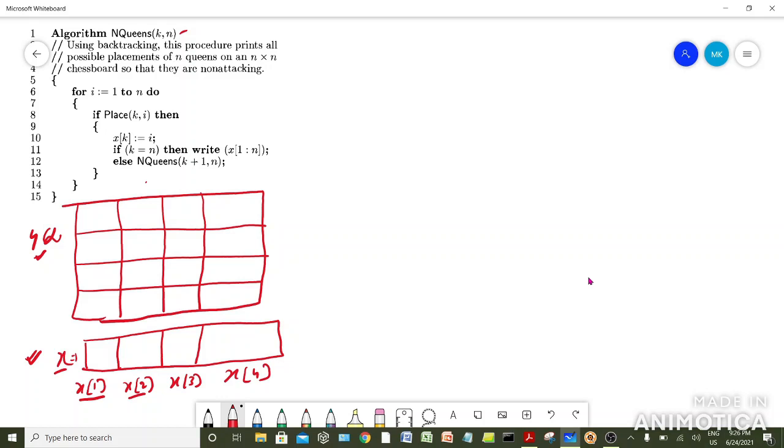We know that the queen number is the same as its row number. So x3 denotes the place in the third row where the third queen was placed, and in the same way the fourth. Done. Now let us try to trace it.